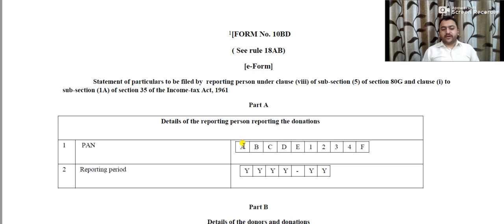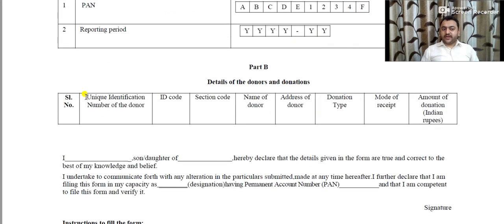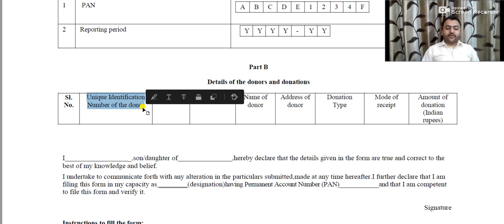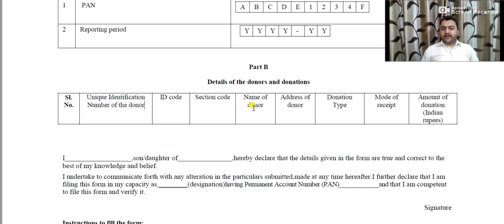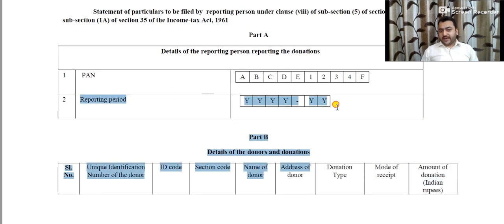In the case of the donor, first of all, the date of issue of the unique registration number, meaning the donee detail. Then the unique identification number, which is for the donor: PAN of the donor, Aadhaar of the donor, or any other ID proof which you have given will come. The same identification number entered here will come in Form 10BE. Then the name of the donor, copied from here only, the address of the donor, amount of donation received, then the financial year for which it has been received, which will be picked from here only.